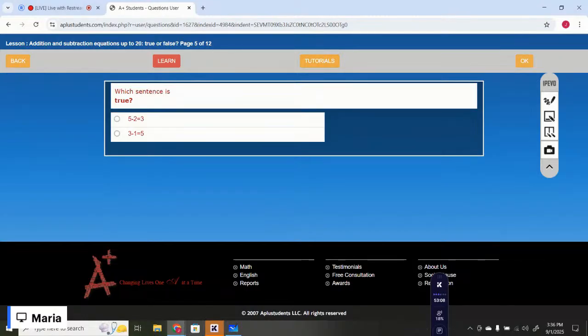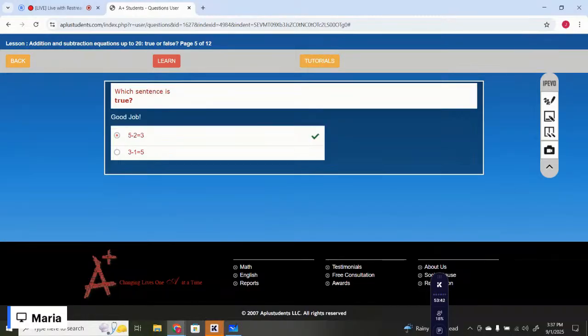Which sentence is true? 5 take away 2 equals 3 or 3 take away 1 equals 5. That is 5 take away 2 equals 3. Option number 1 is the correct option.